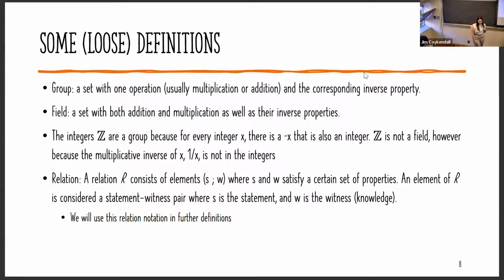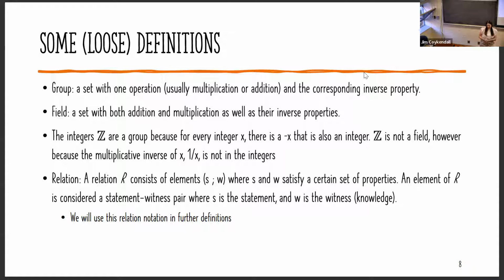Okay, so we're going to start with some loose definitions. These are pretty loose and pretty much just what we need for our purposes. A group is a set with one operation, usually multiplication or addition, and the corresponding inverse property. A field is a set with both addition and multiplication, as well as their inverse properties. The integers are a group because for every integer x, there is a negative x that's also an integer.